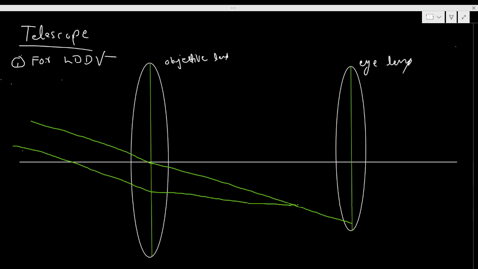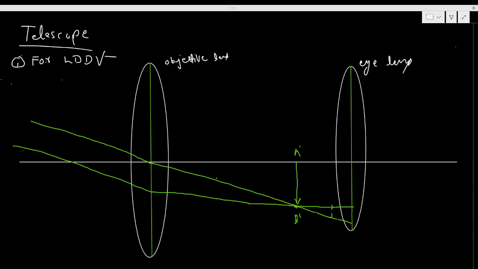So that's how we got the image of the object over here. This is the image of the object, A dash B dash. Keep in mind, the object is placed at infinity and we got the image.